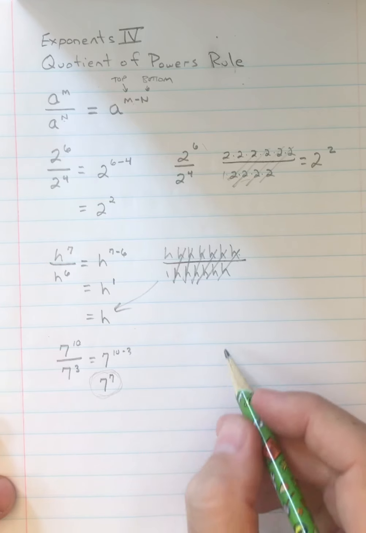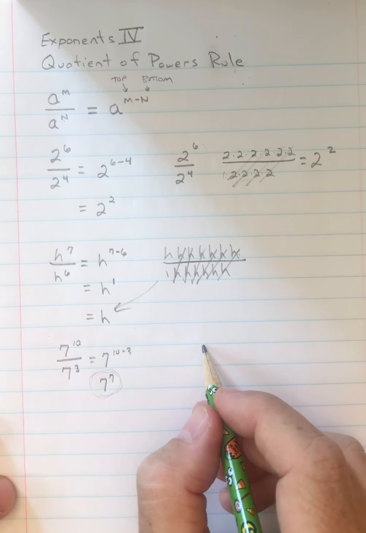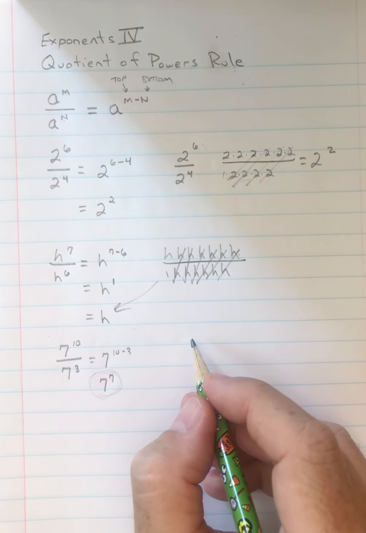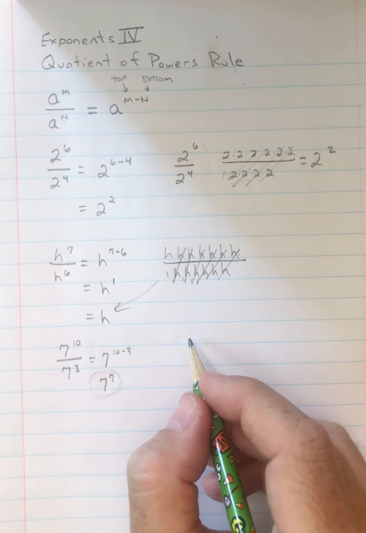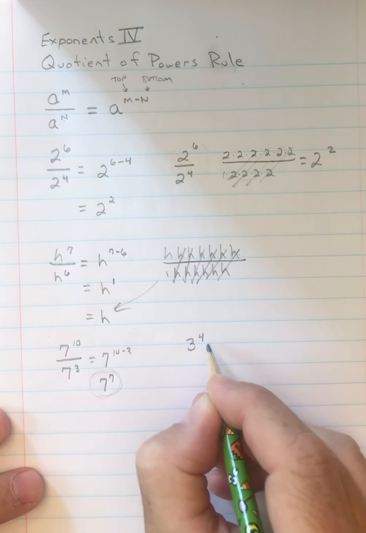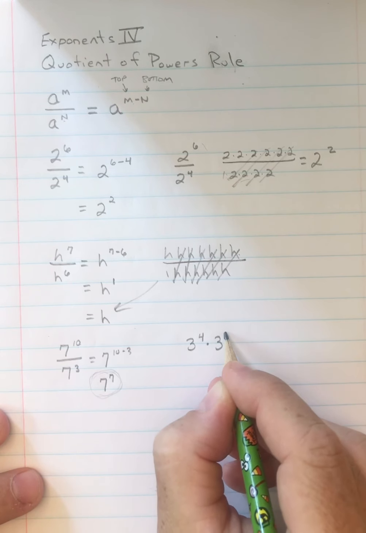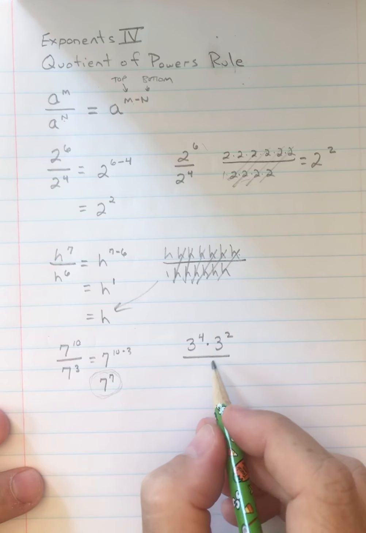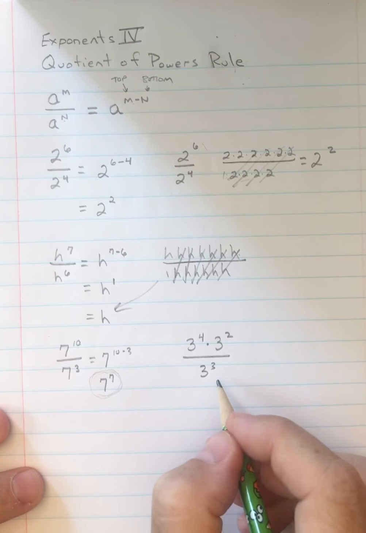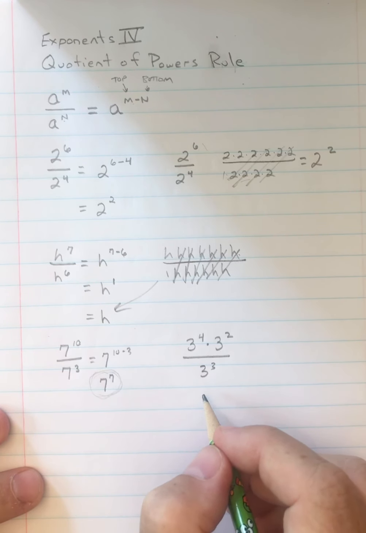Let's see if I can do one more, maybe a little different. Let's try 3 to the 4th times 3 to the 2nd over 3 to the 3rd. I'm going to combine two rules here.